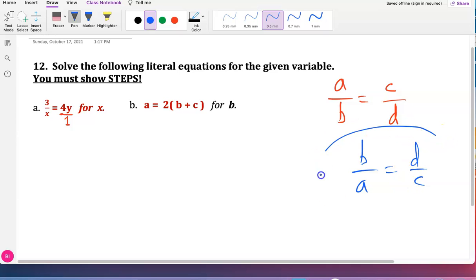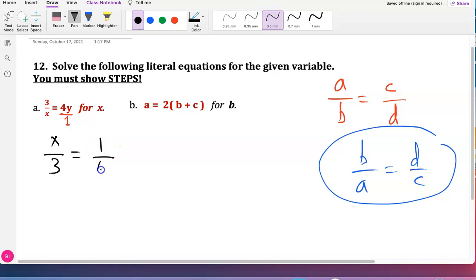And why I am doing this is for us to simplify 3 over x is equal to 4y over 1 as x over 3 is equal to, see, 3 divided by x I wrote as x divided by 3. And 4y over 1 I can write as 1 over 4y. We all know that 1 is always there in the denominator.